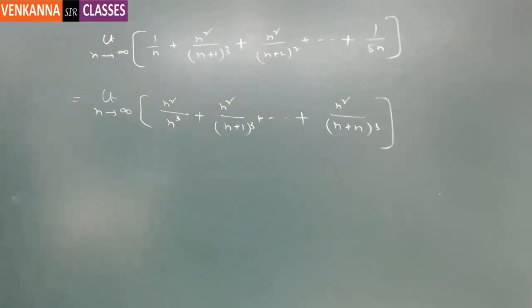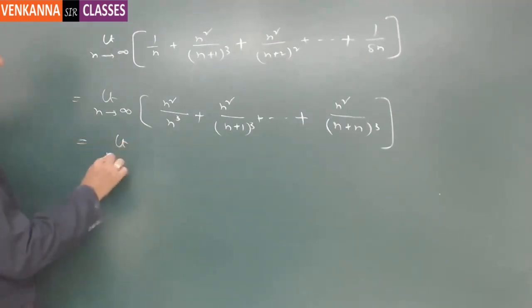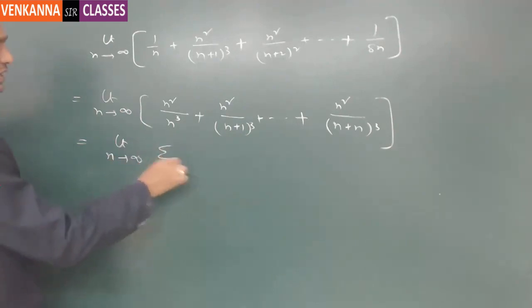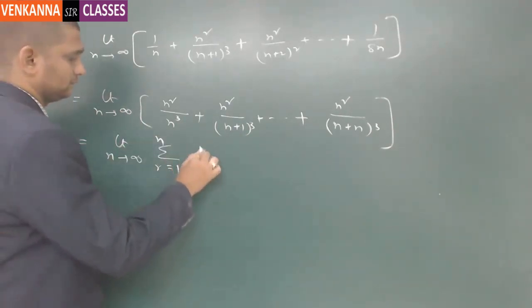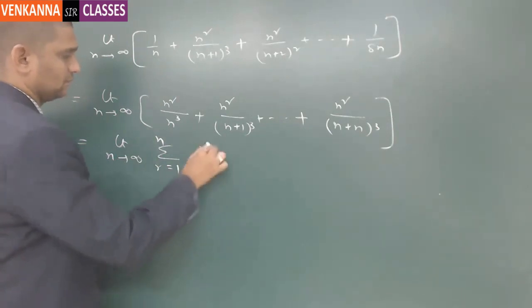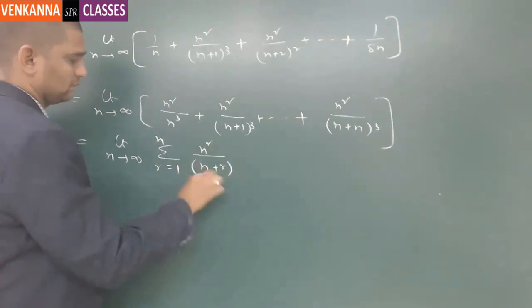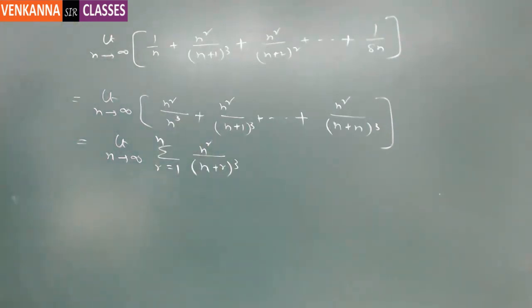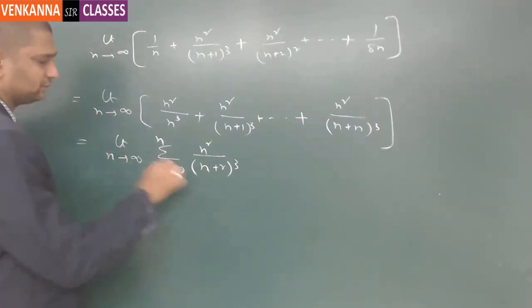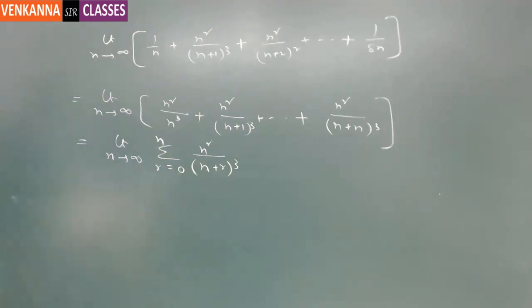Right. Now let us use the sigma notation here. This is equal to limit n tends to infinity, summation r is equal to 1 to n. Summation, you can say r is equal to 0 to n, you can take n square by (n plus r) whole cube.